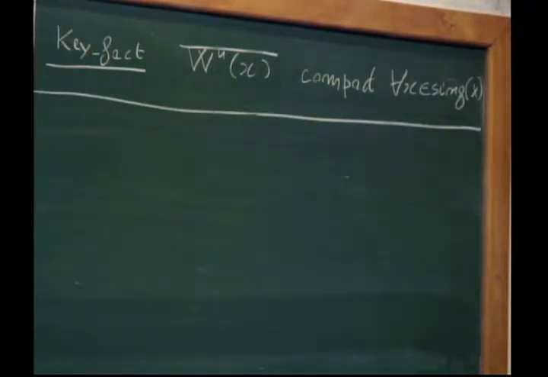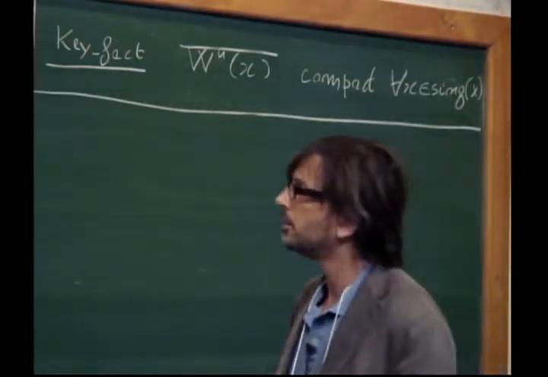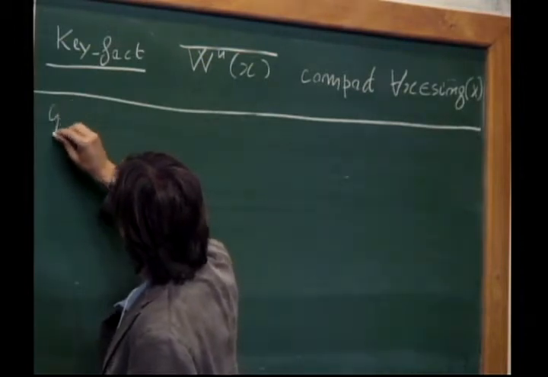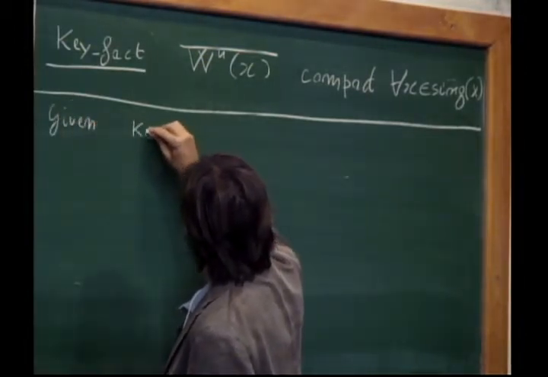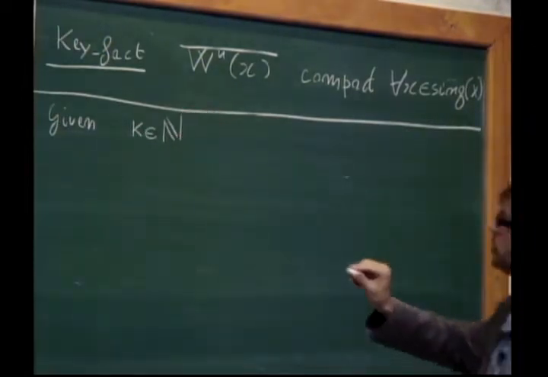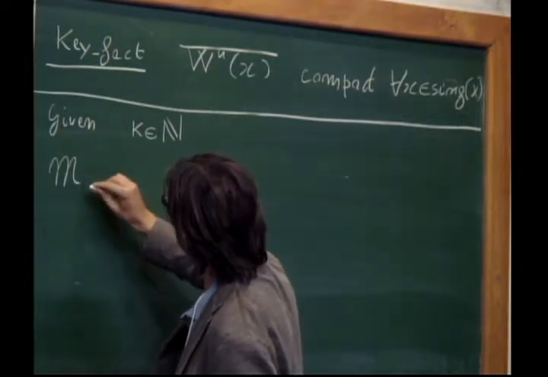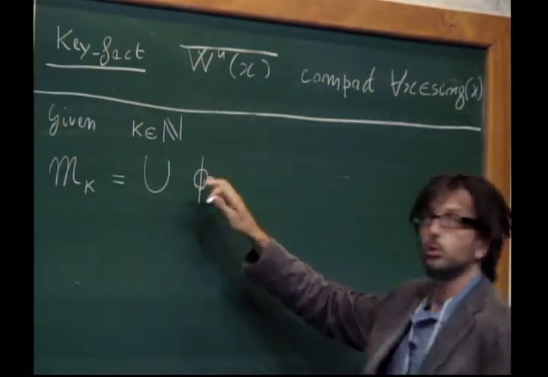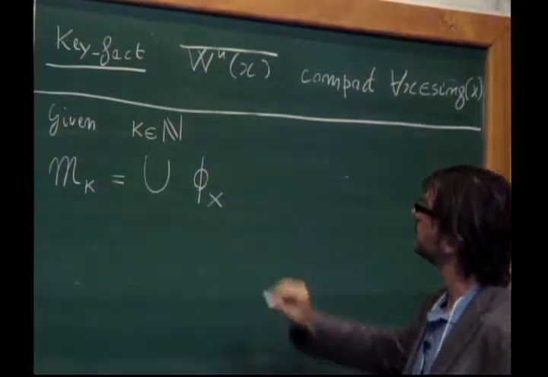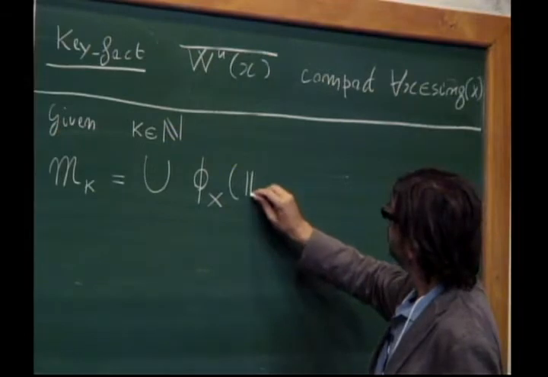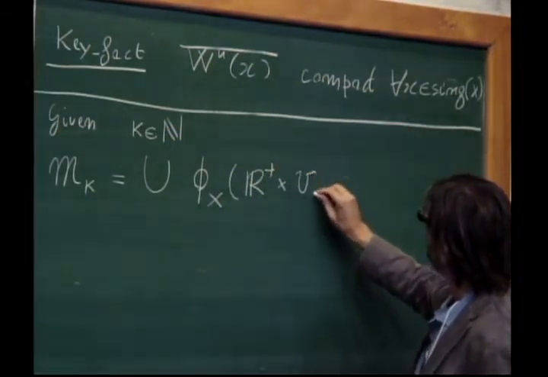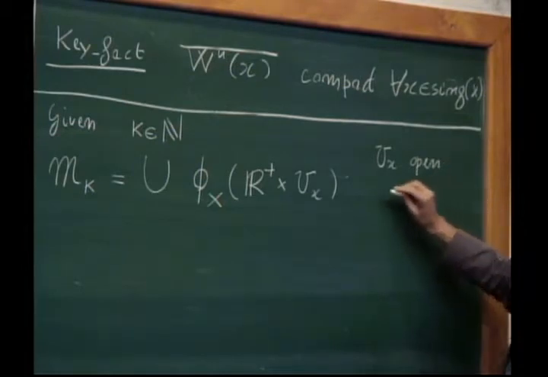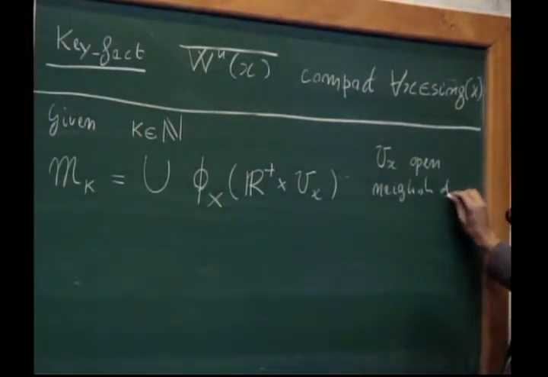And let's see what we can do then. Once we have this, given a natural number k, we construct this set, I'll call it M_k. M_k is the union, where phi is the flow of X, maybe I'll write down X here to remember, I take the forward evolution, R plus, of U_x, where U_x is an open neighborhood of x.